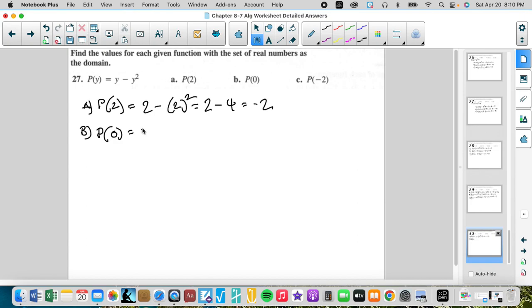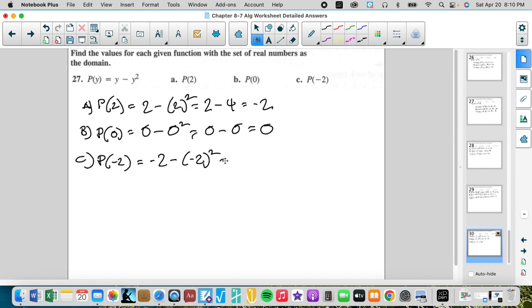So 0 minus 0 squared, which is 0 minus 0, which is 0. That's not the hard one. Here's the good one. Let's make sure that we do the proper notation. Negative 2 minus the quantity negative 2 squared. So we're going to square negative 2, which is 4.